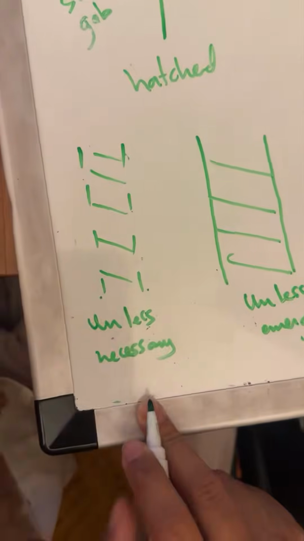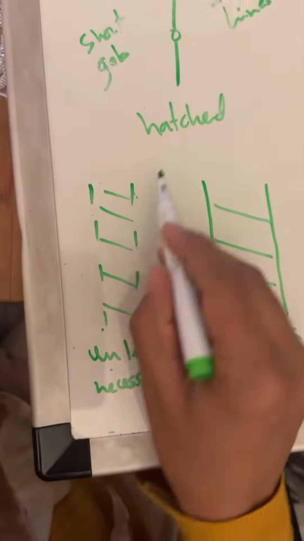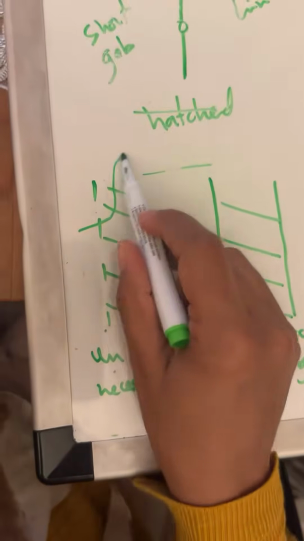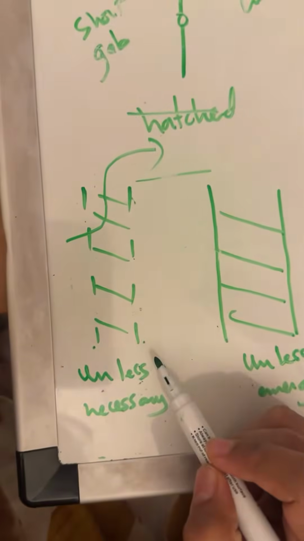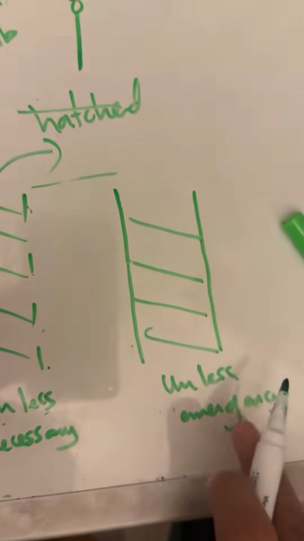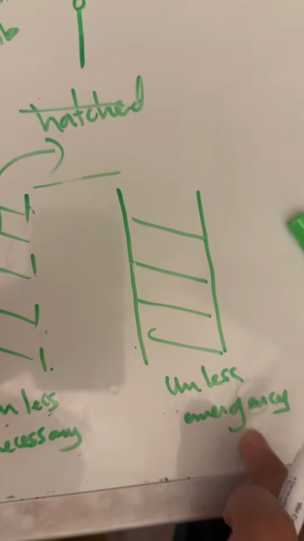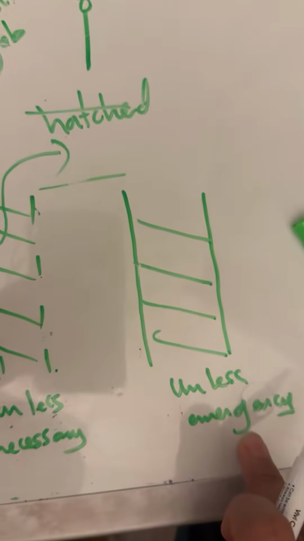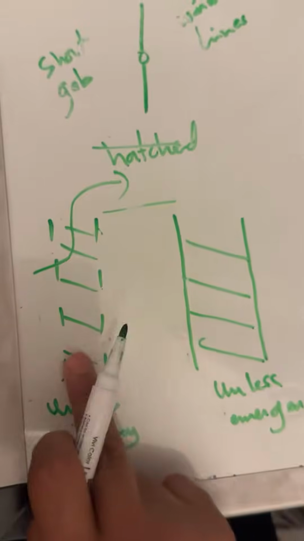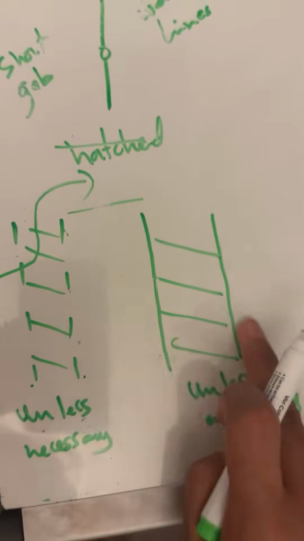Okay? So you can enter, for example, if your junction is coming here on the right. You can enter the area if you want to turn right. But in this case, you shall not be entering unless it's something really dangerous, something really an emergency. Okay? Deal? So a hatched area can be surrounded by a broken line or by a solid line.